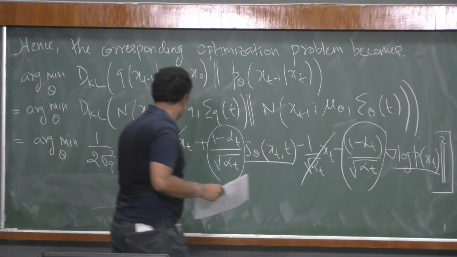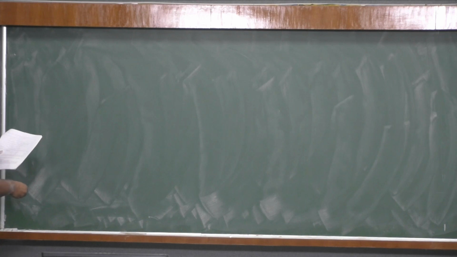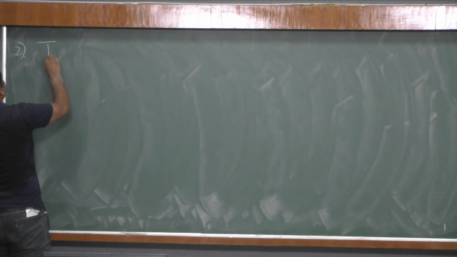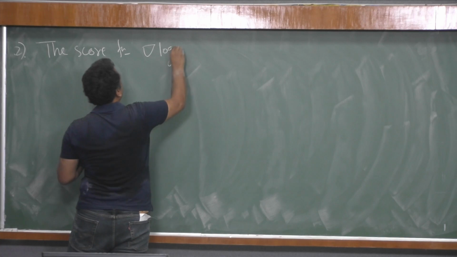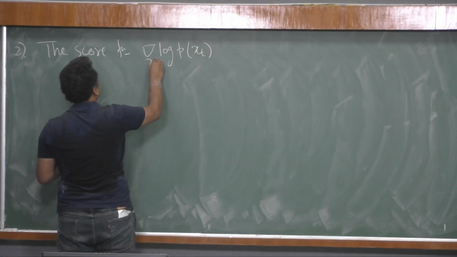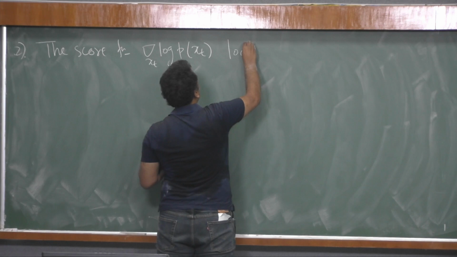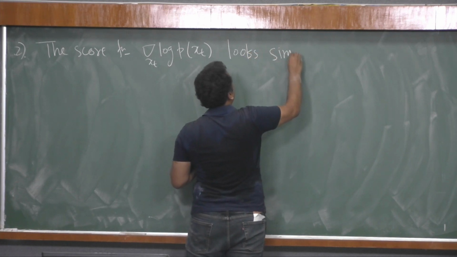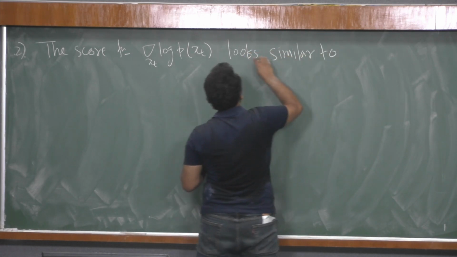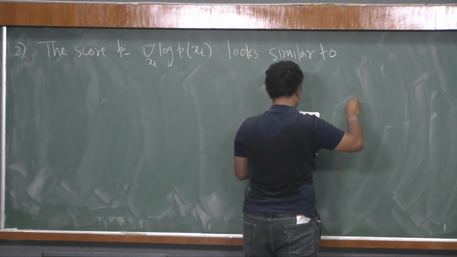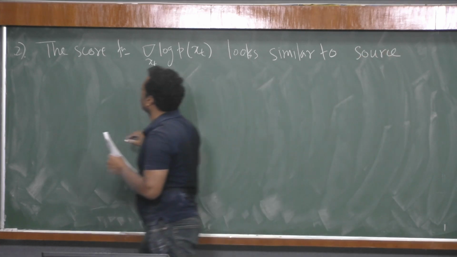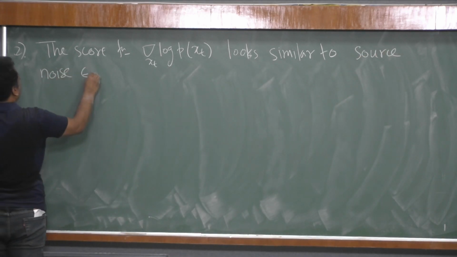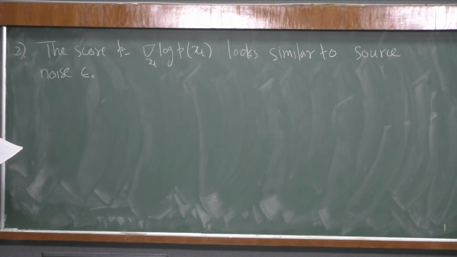So our first remark, and the second remark, is that the score function, which is grad log p(x_t), looks similar to the source noise epsilon naught.